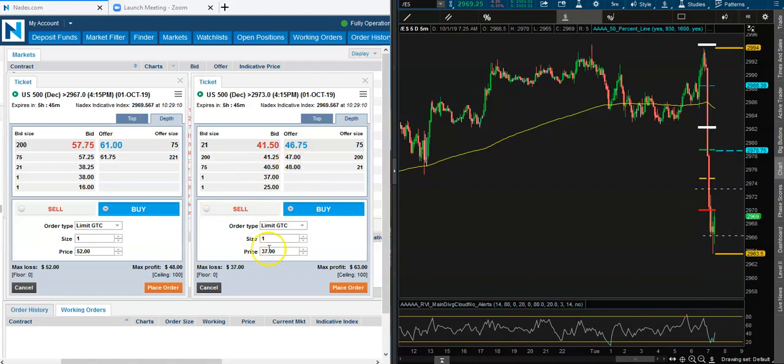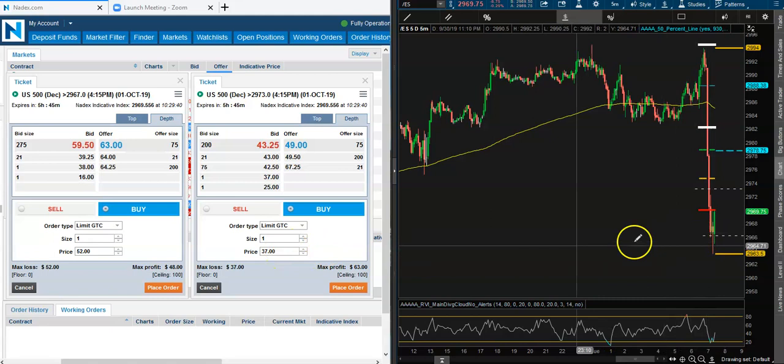What we paid 37 on the offer for, we would now look at the bid to exit, and we would be able to sell it for $41.50 right now. Oh, so it's like $4. Correct. So remember, if we buy here, when we sell, we want to look at the bid. So let's look at this. When we were at that 65, 66 level, what we paid 37 for, we can now sell for around 44, which is how much?